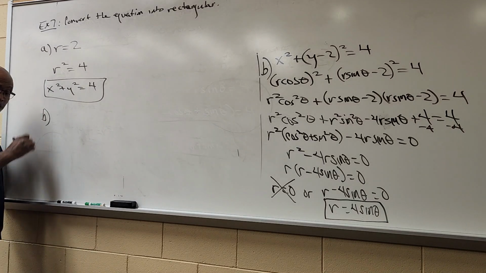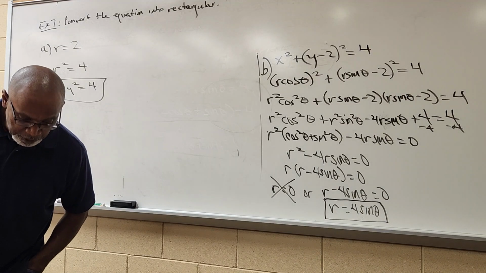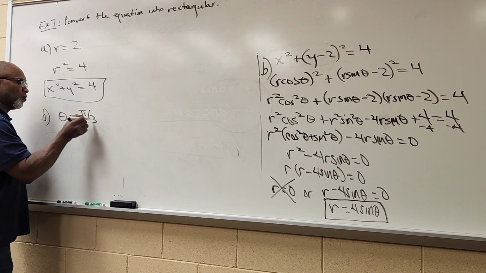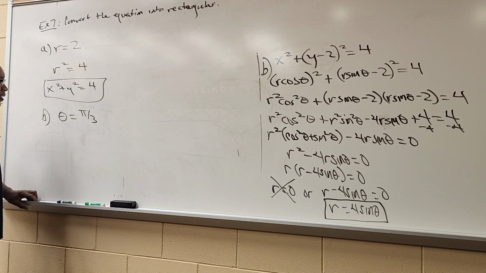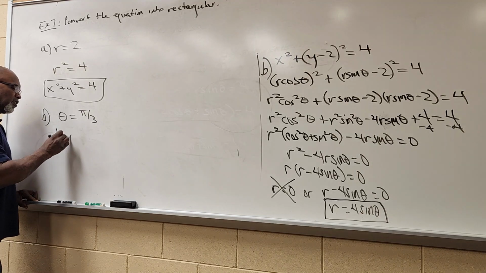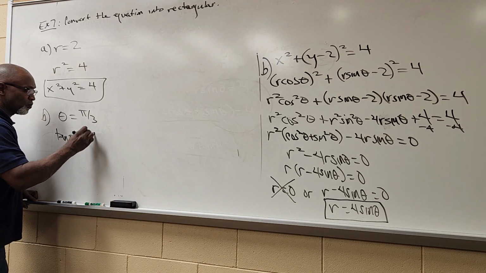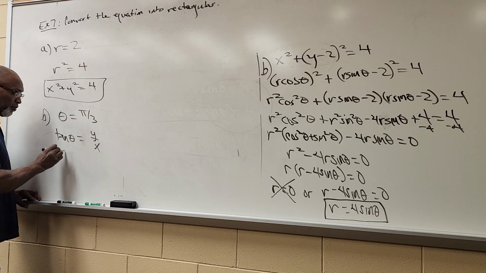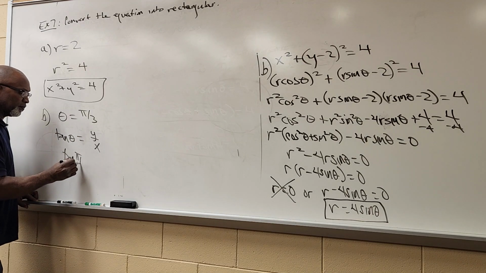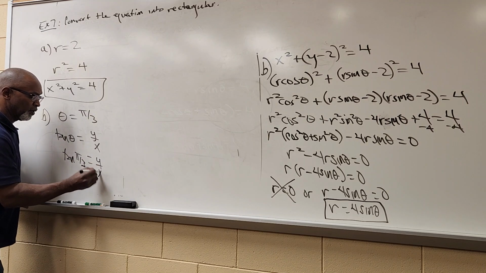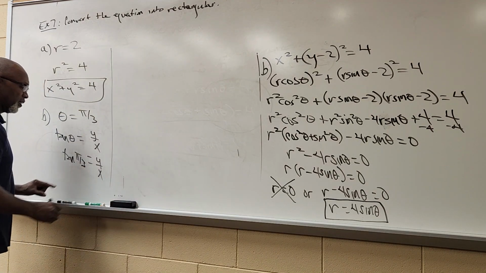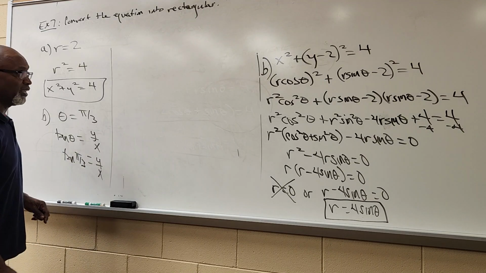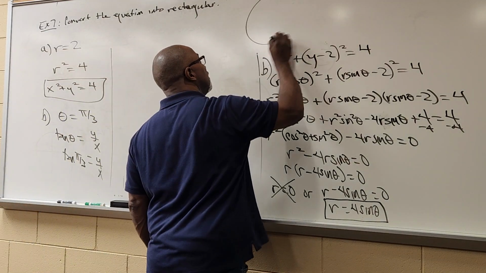B says theta equals pi over 3. Well, I had that other relationship that said the tangent of theta is y over x. Well, they gave me theta, so I can replace theta with pi over 3. So the tangent of pi over 3 is y over x. Well, I know what that is. I can look at my unit circle and figure out what the tangent of pi over 3 is, right?